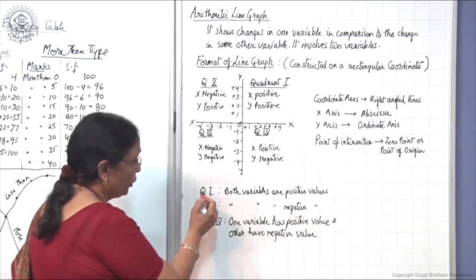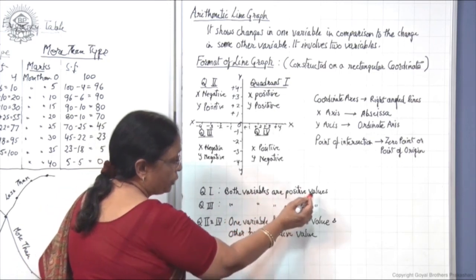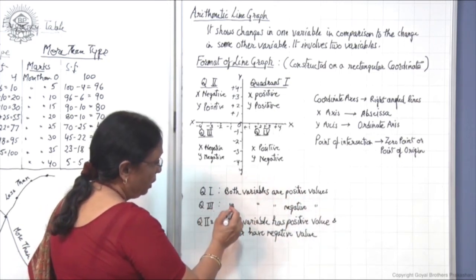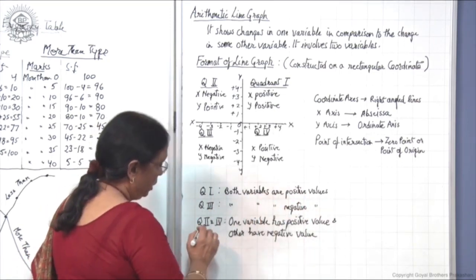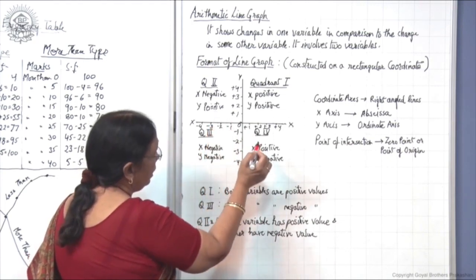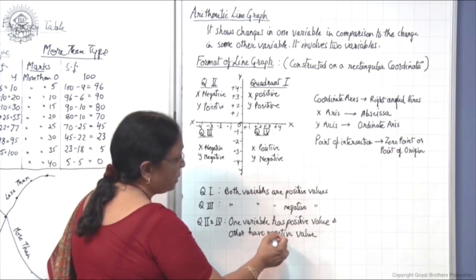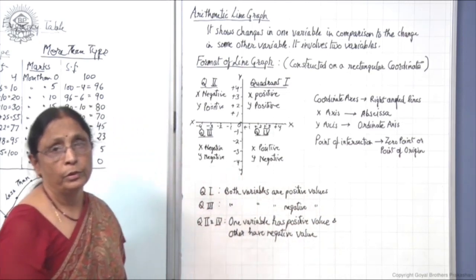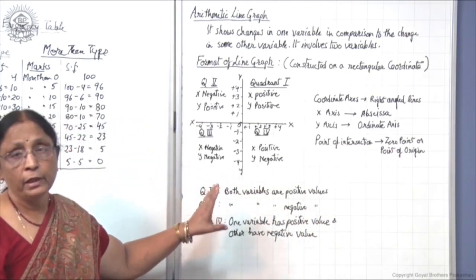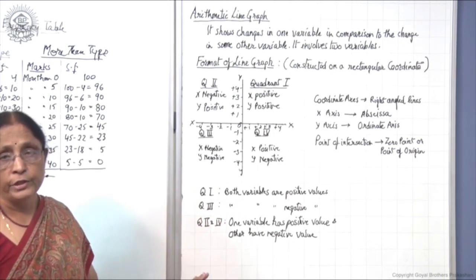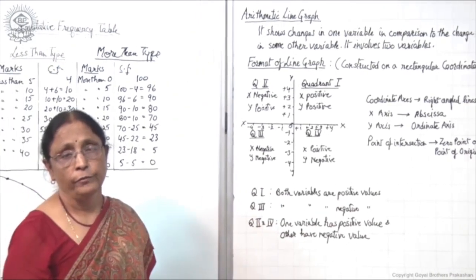In quadrant 1, both variables have positive values, in quadrant 3 both variables have negative values, and in the 2nd and 4th quadrants one variable has a positive value and the other has a negative value. So this is the arithmetic line graph, and on the basis of this we plot the values of different variables.